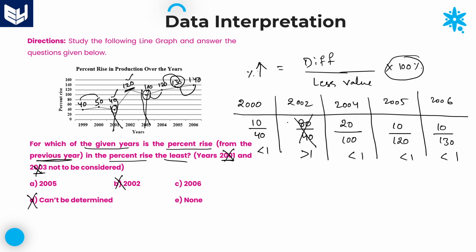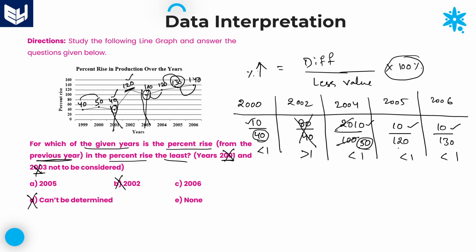Now if you observe the remaining values, you can cancel them with only one step. Why? Because all the numerators are 10. Here numerator 10, here also 10, here also 10, here also 10. If numerators are equal, then compare the denominator values.